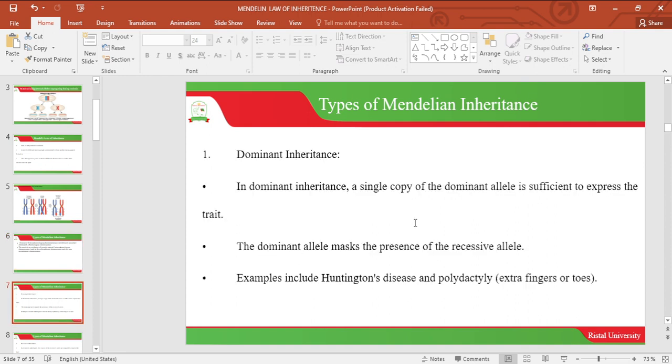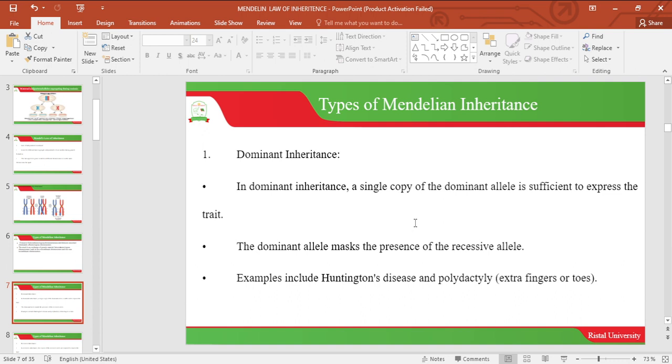Let's look at the types of Mendelian inheritance. Number one, we have dominant inheritance. In dominant inheritance, a single copy of a dominant allele is sufficient to express the trait. When we talk of a trait, it could mean different characteristics that are inherited from the parents to the offspring.